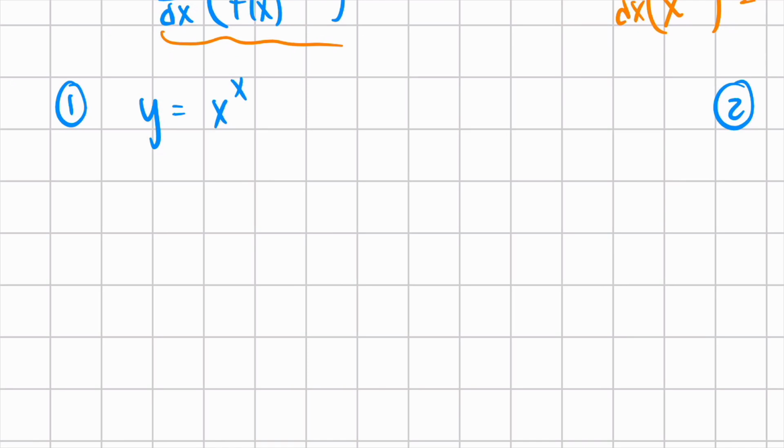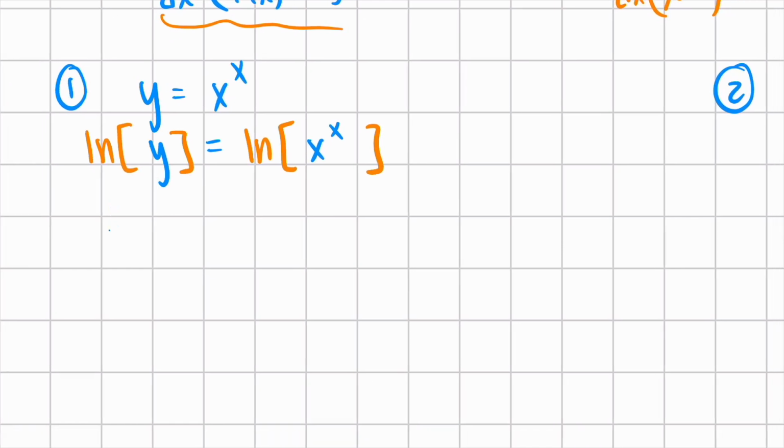So my first step is I'm going to natural log both sides of the equation. And when I do that, I get natural log of y equals natural log of x raised to the x.